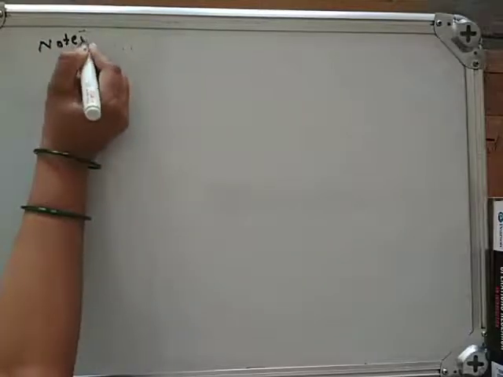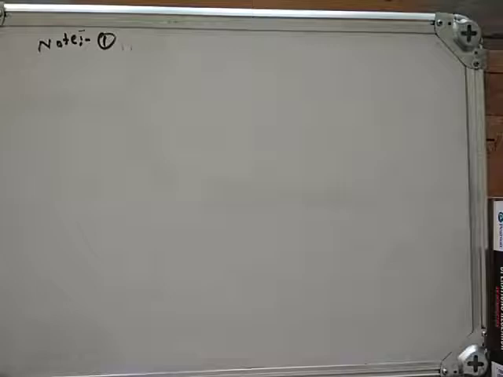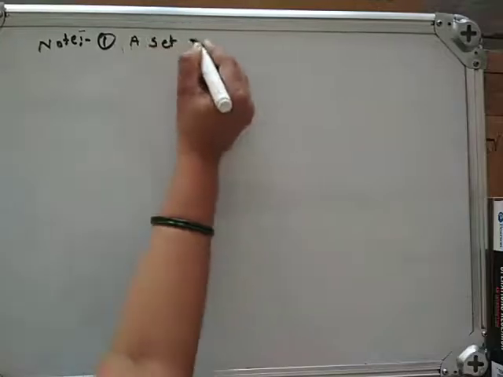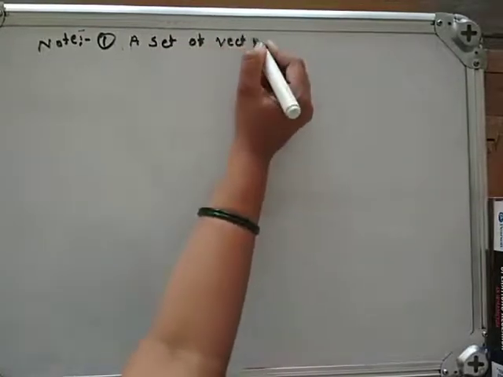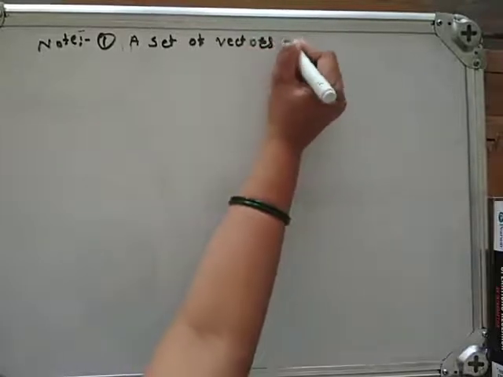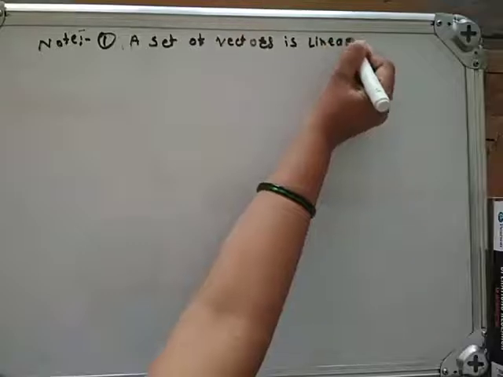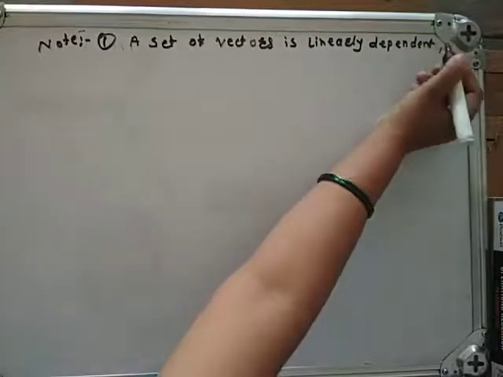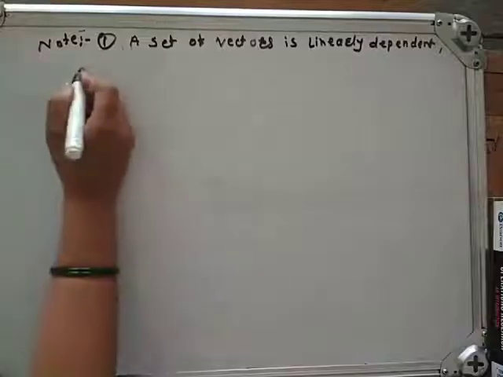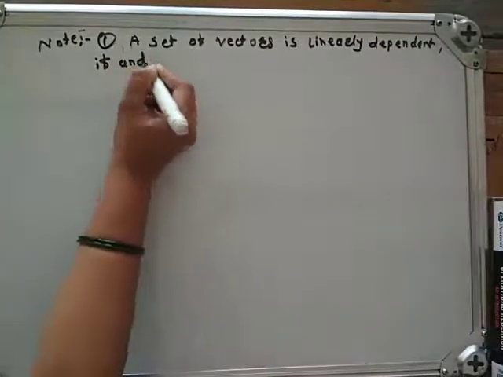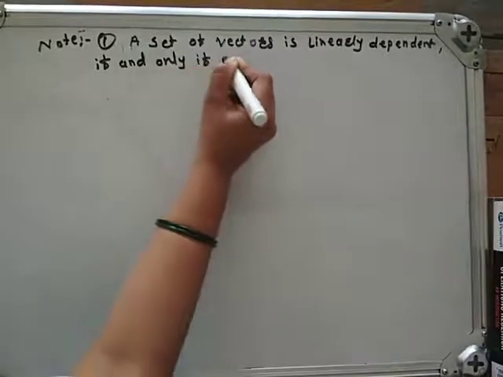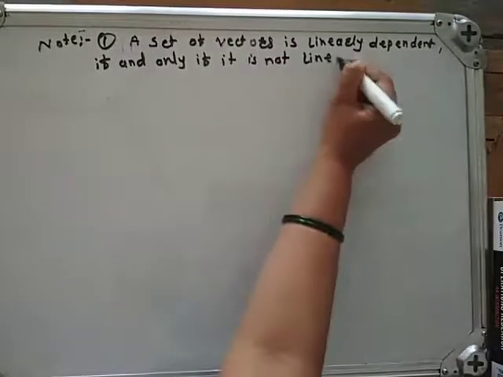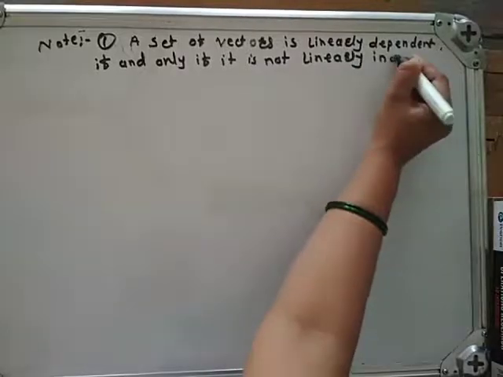Note. First note: a set of vectors is linearly dependent if and only if it is not linearly independent.